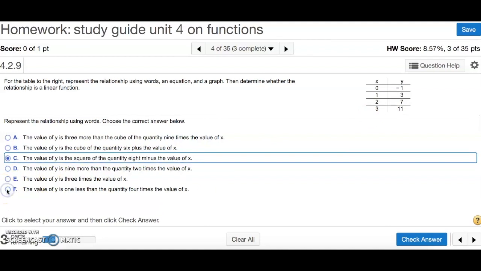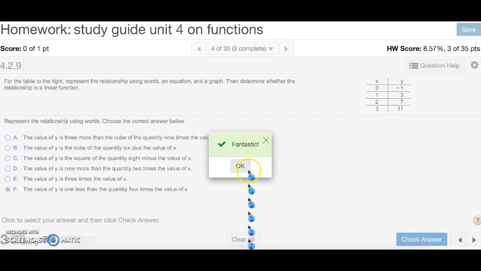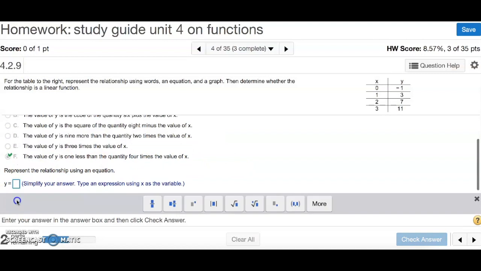That is 1 less than the quantity of 4 times the value of x. If I choose another one, say 3, I do 4 times 3 is 12, minus 1 is 11. So I'm going to choose f. Then I'm going to type that in. So I have 4x, 4 times x, minus 1, 1 less than that.